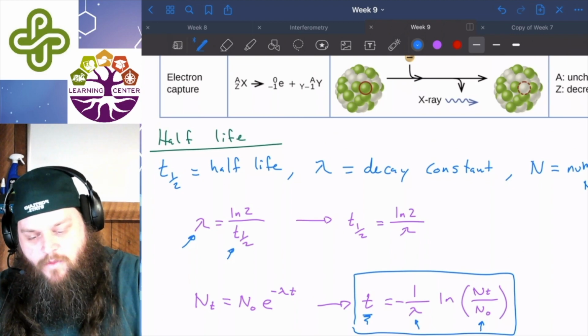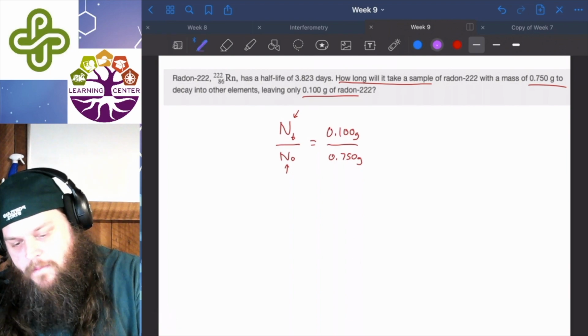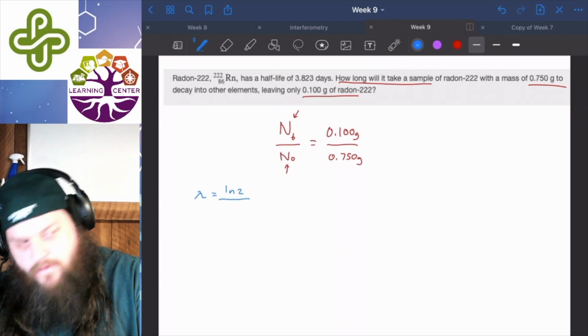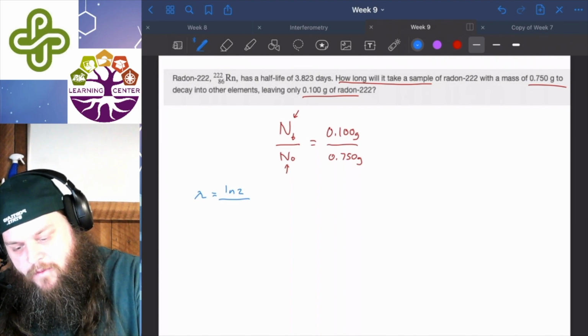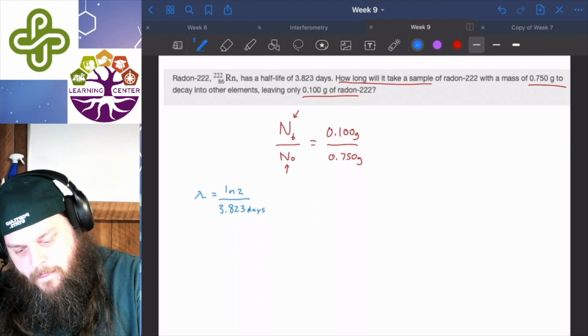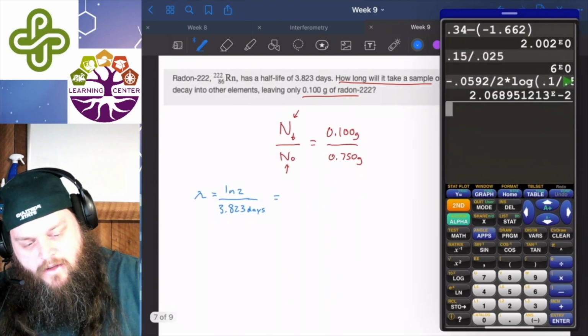So let's start off with solving for the decay constant. So lambda is going to equal the natural log of 2 divided by the half-life. Well, the half-life we know is 3.823 days. So we can plug that into our calculator.